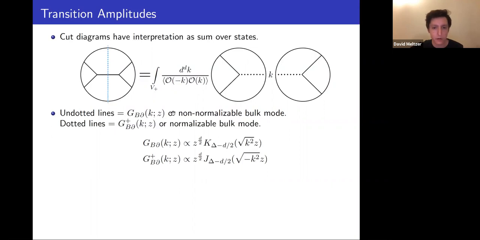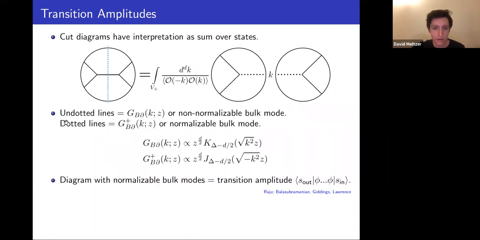The difference between the two is that the Feynman propagator is a Bessel K function, while my Wightman bulk-to-boundary propagator is a Bessel J function. These objects have been studied in the past. Diagrams with normalizable bulk modes replacing some of my propagators are known as transition amplitudes. They correspond to computing the vacuum expectation value for some local operators, but now in some state.